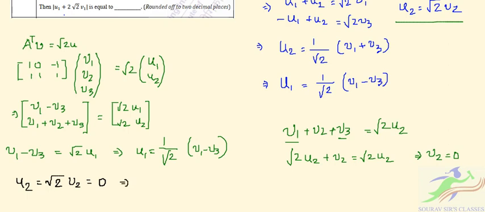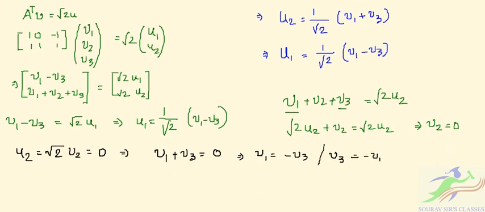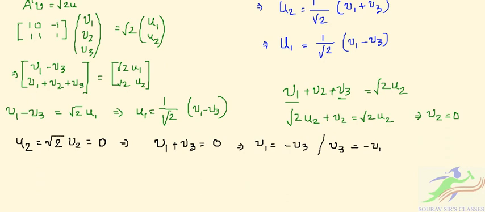So V1 plus V3 is equal to 0. So we can write V1 is equal to minus V3, or V3 equal to minus V1. You can write it in this manner, right?